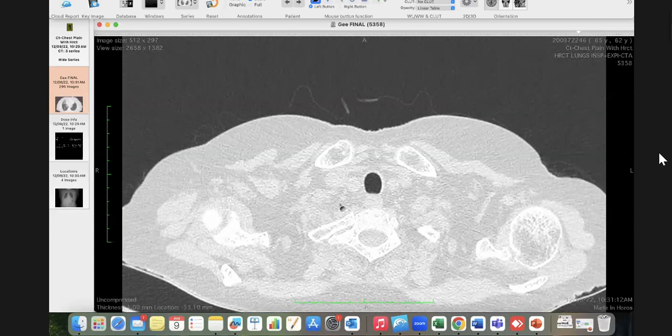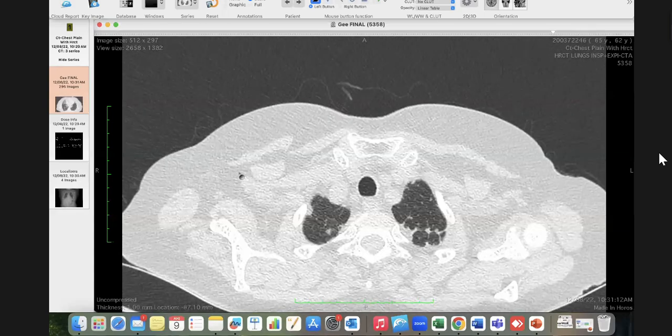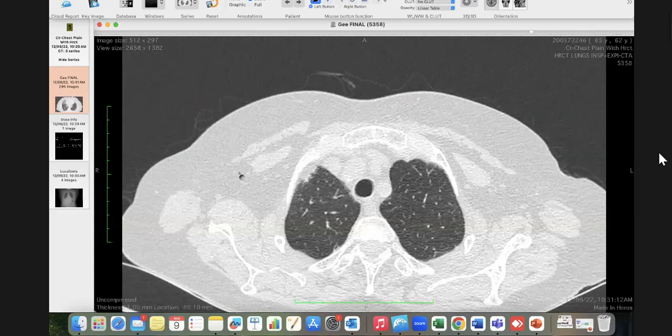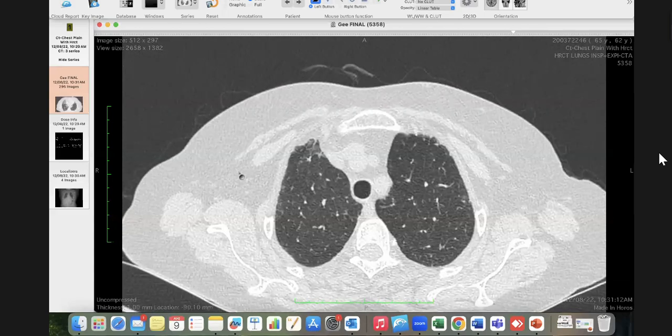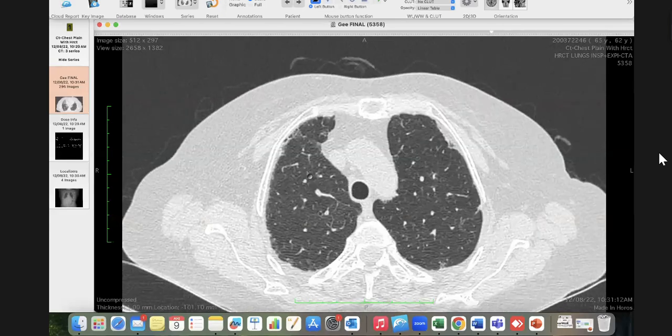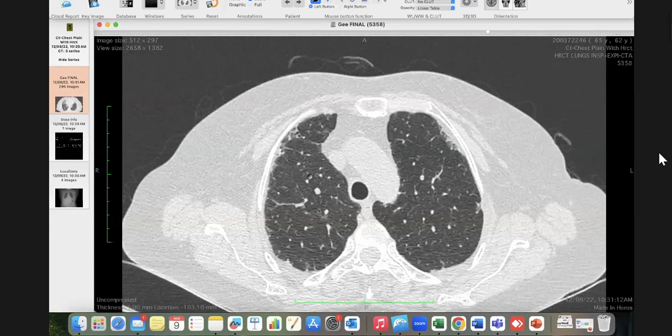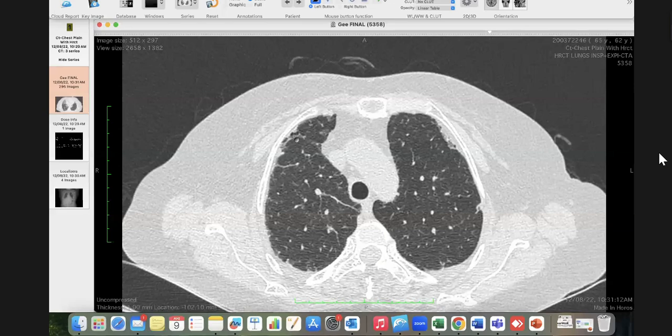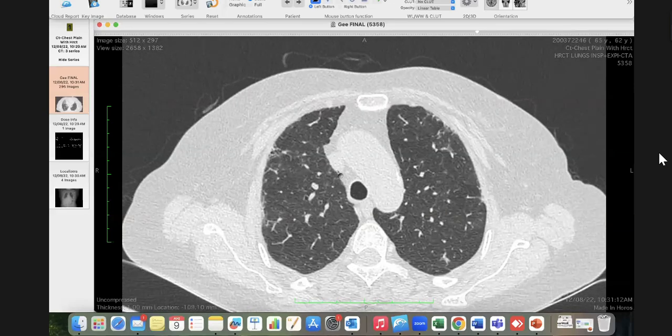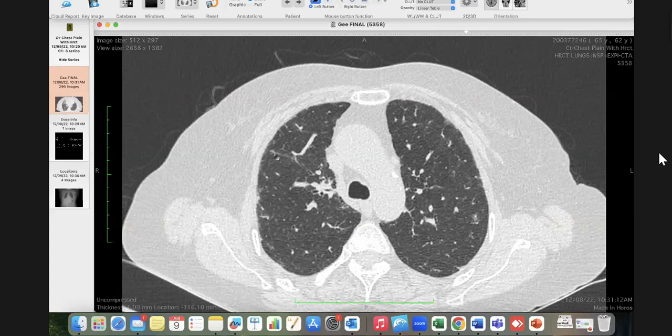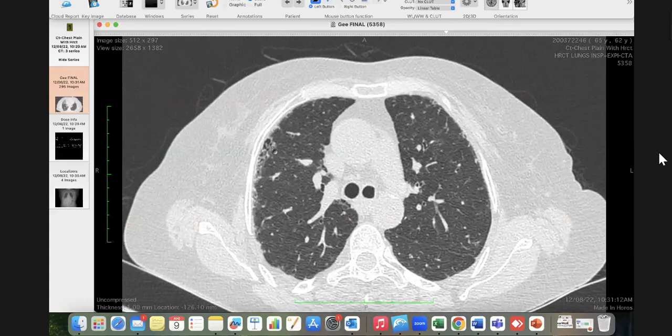so again I'm scrolling from up down. You see reticular opacities. You are seeing traction bronchiectasis. You come here, you are almost sure of traction bronchiectasis.